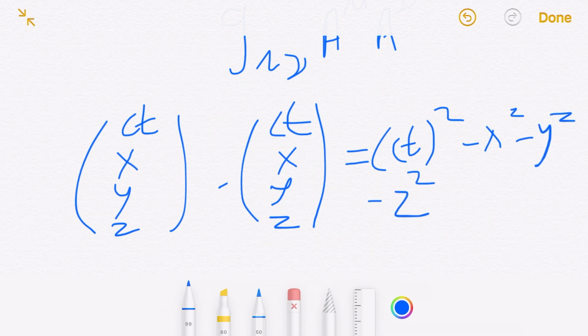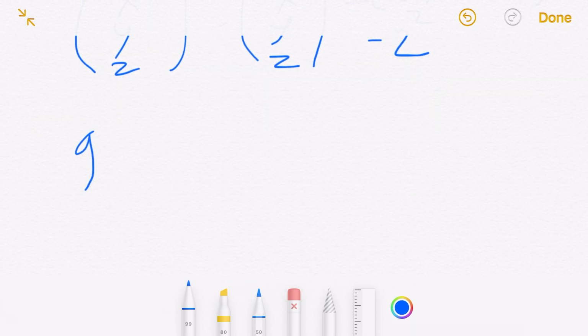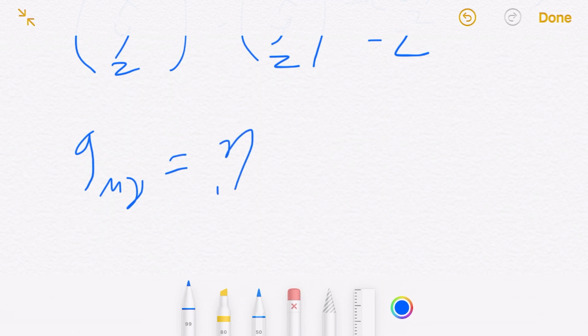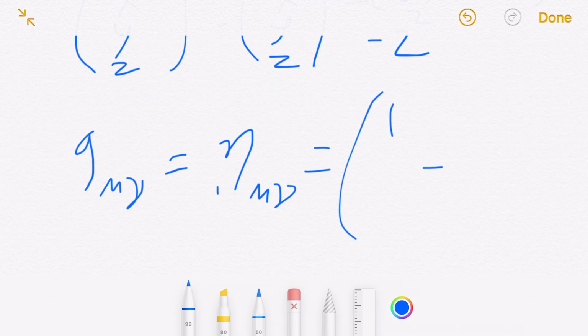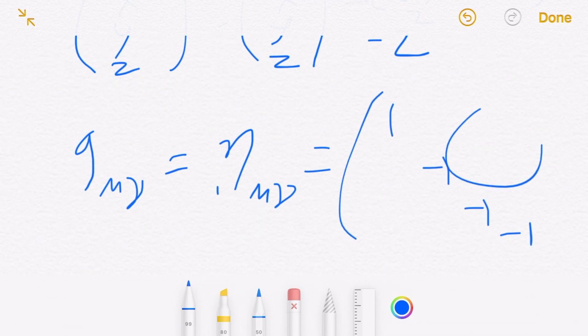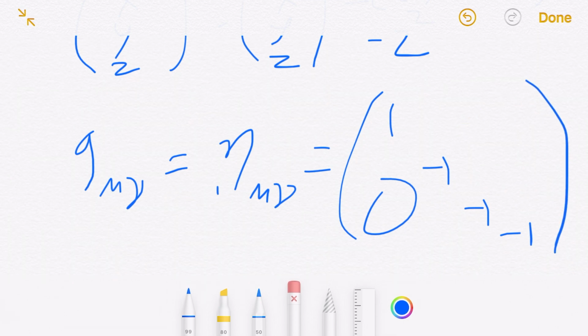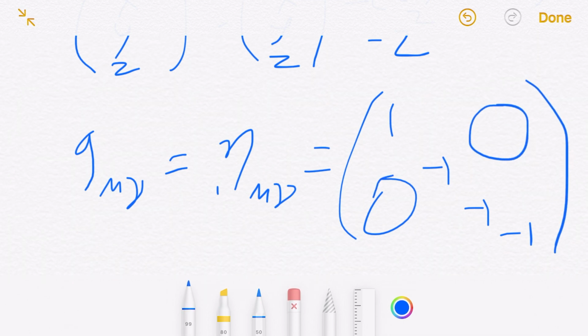So this is not the usual Pythagoras theorem we see. That's because the metric tensor in Minkowski space, which you can also represent as eta mu nu, is equal to the diagonal matrix 1, negative 1, negative 1, negative 1. The big zeros basically represent that every element is 0 other than the diagonal elements.